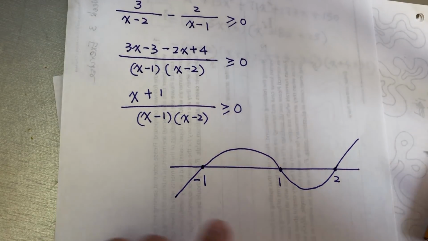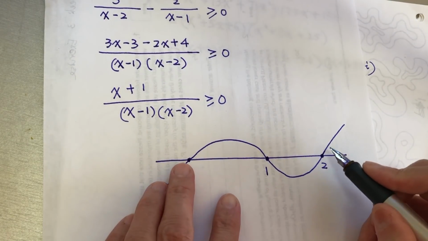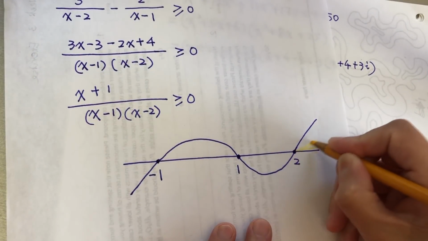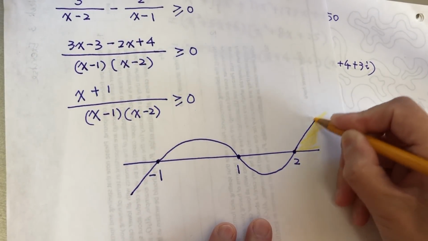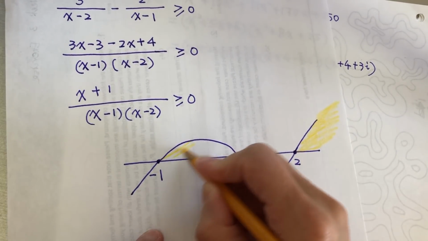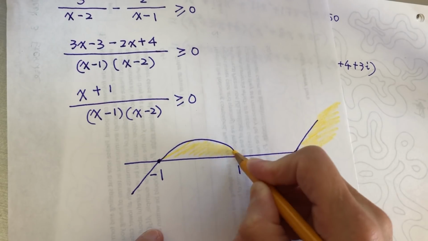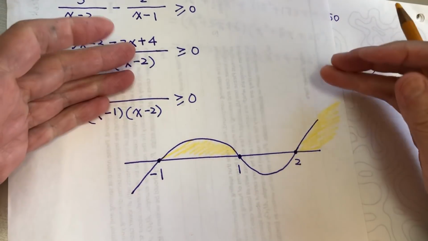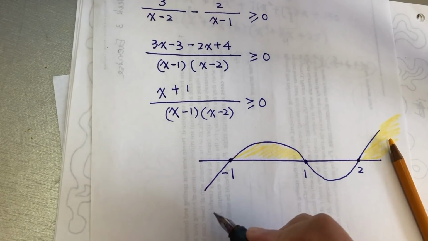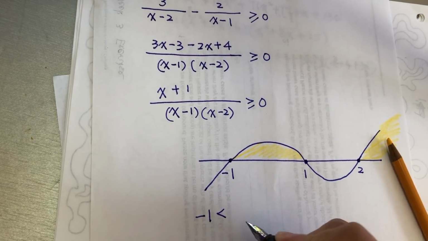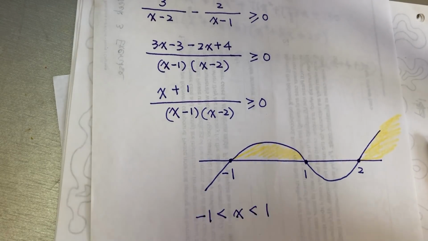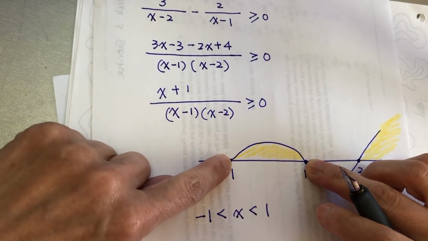So now we can see where the y value is bigger than 0: this part until infinity, and this part. So these are the 2 paths. Negative 1 smaller than x, smaller than positive 1, is between negative 1 and positive 1.